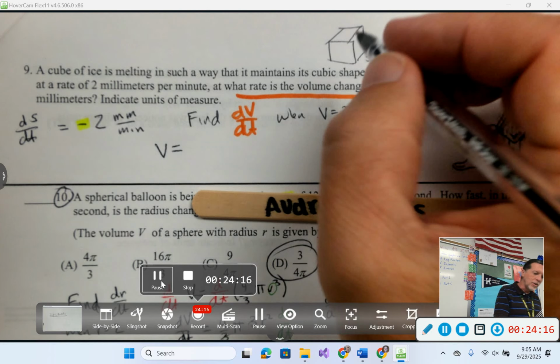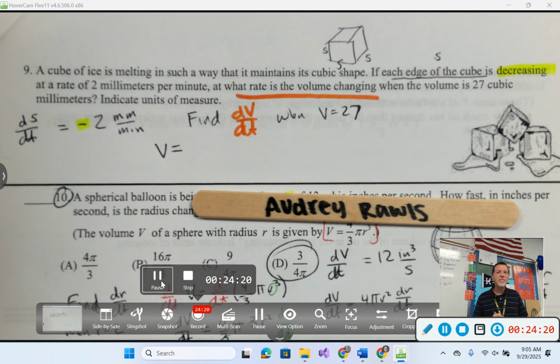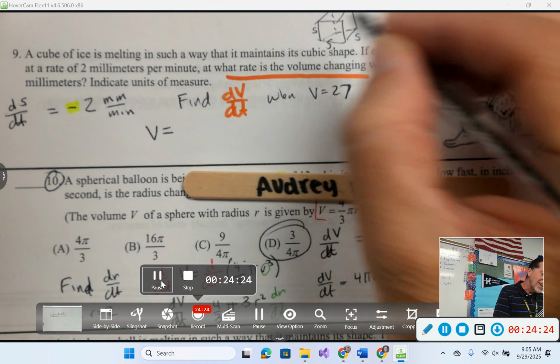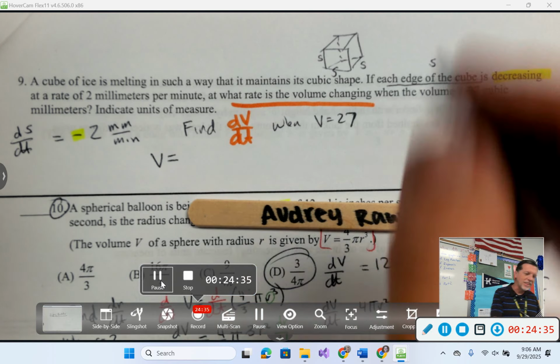So what's the volume of a cube? It's a bit of a hint there with those 3 dimensions on there. Barrett? s times s times s. Length times width times height.